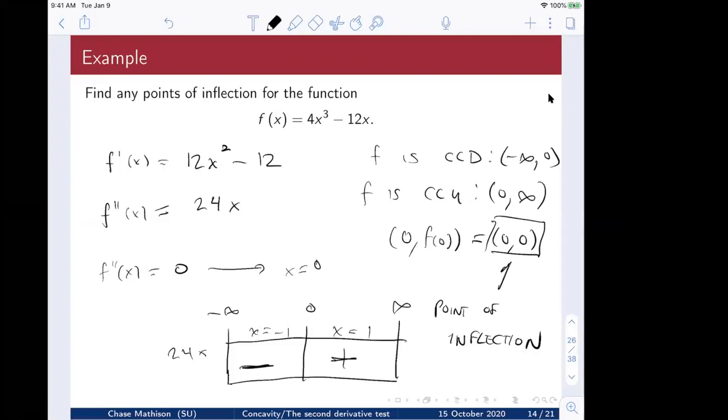A point of inflection is really either a relative maximum or a relative minimum for f prime, but not for f. We just think of it as where f changes from concave up to concave down, or from concave down to concave up. Does that help? Yeah, it does. Thank you. Cool. Any other questions for me?